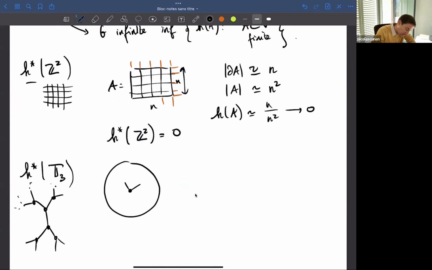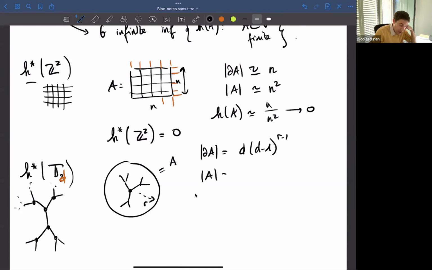You start with 3 legs here, then 3, 3, then 2, 2, 2, up to distance R, let's say. Let's imagine that you do that for general D, where D will be the degree. What is the size of this set A, and what is the size of its boundary? The boundary will have size D times (D minus 1) to the R minus 1, something like that.